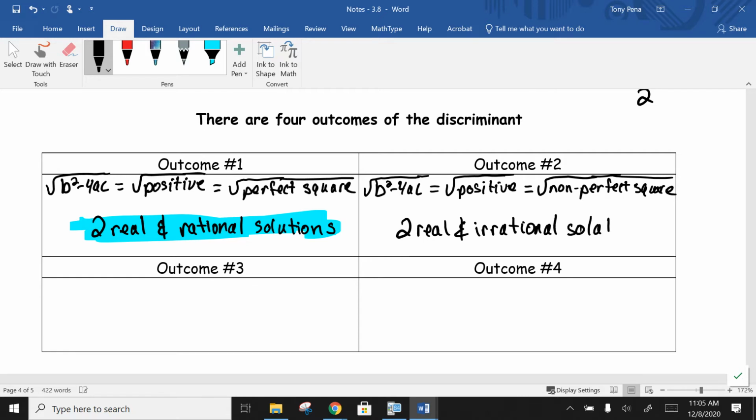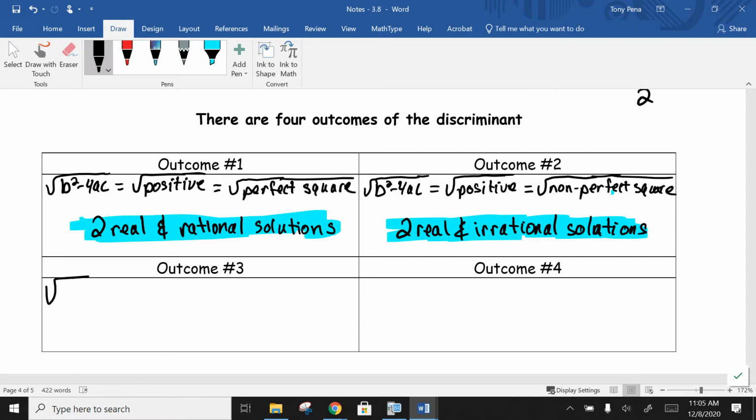So we get 2 real irrational solutions. So if we get a positive number underneath our radical, we're going to get 2 real numbers. The question is, are they nice numbers or are they not nice numbers? All right. If it's a perfect square, we get nice numbers. If it's not a perfect square, you're going to get the radicals, the irrational numbers.